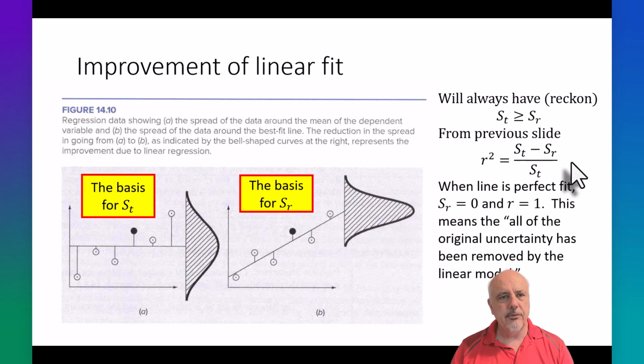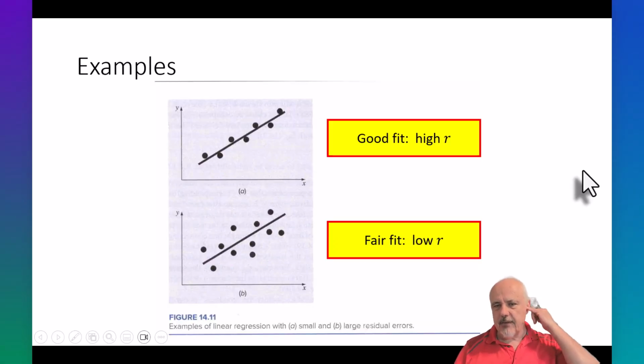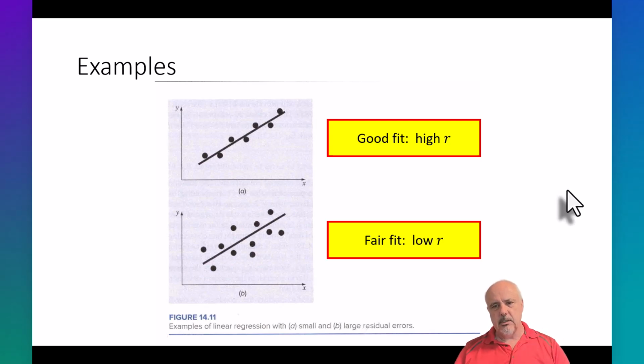So r squared will vary between 0 and 1, 1 being a perfect fit for the line. So this gives us a good measure. If you have a really good fit, you'd have a high r squared, and if you have a fair fit, then you have a low r squared.